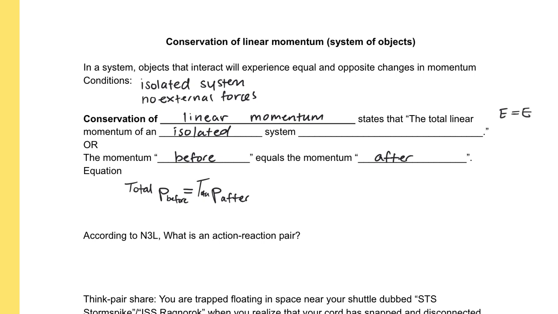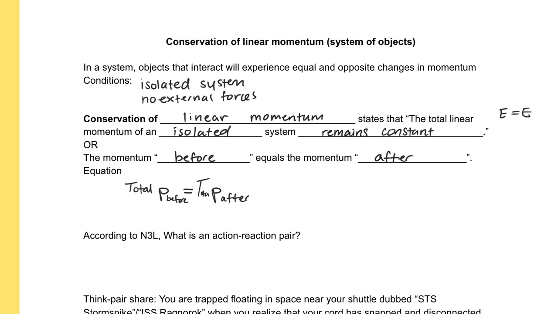In an isolated system, momentum will remain constant. So that means momentum is, what is that C word? What's another C word? Con, almost.